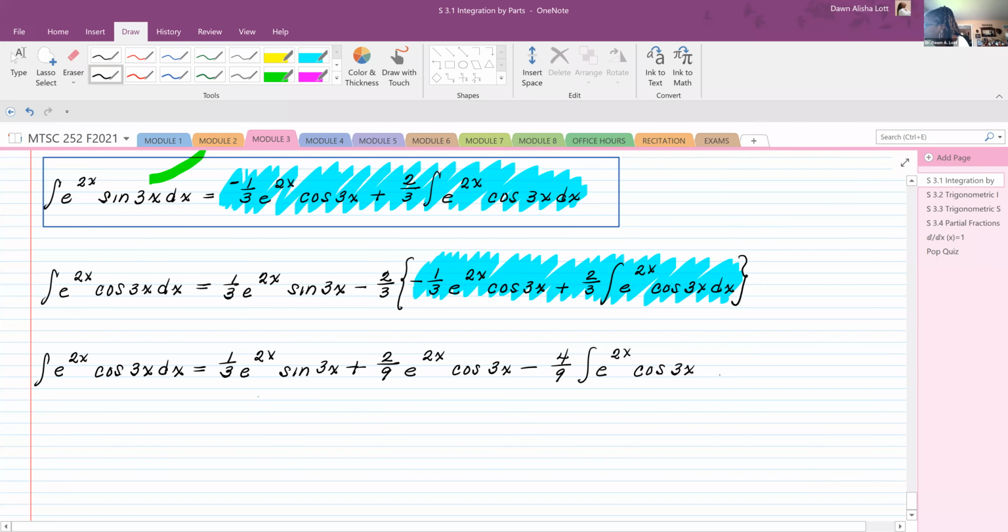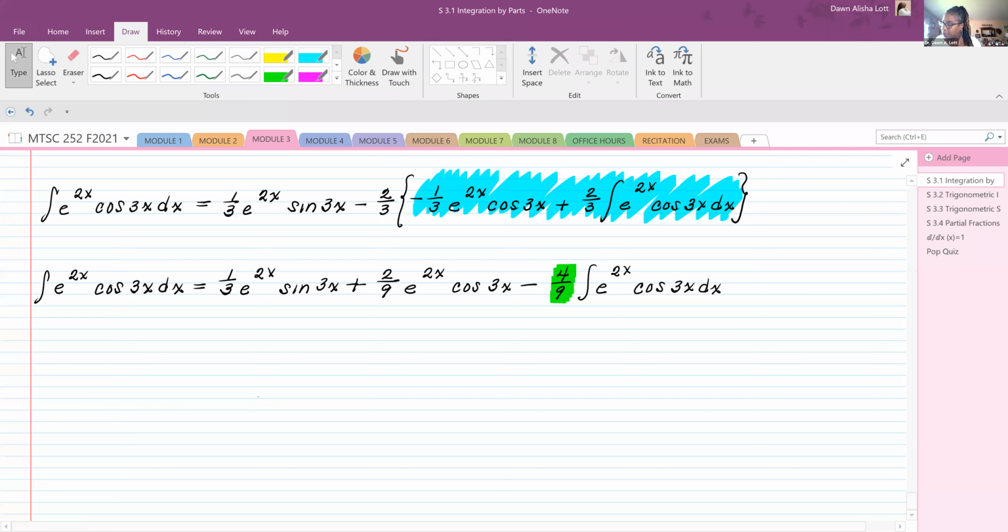And this is why I said it will not always be 1. So now I don't have one of them to add to the other side. I have 4/9 of them to add to the other side. The 4/9 came from the 2/3 times the 2/3. So now I'm going to add 4/9.